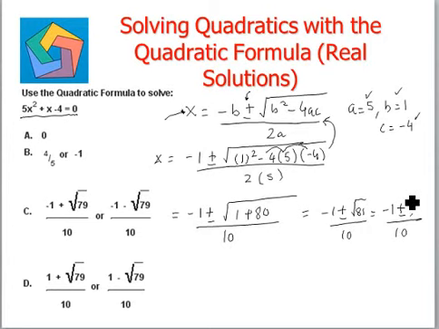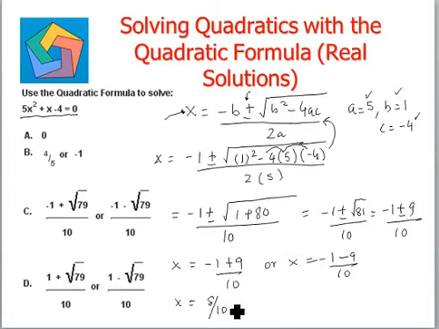Now we'll split it in two parts. The first value of x is negative 1 plus 9 by 10, or x has another value of negative 1 minus 9 by 10. So we'll simplify. Negative 1 plus 9 is 8 divided by 10. This is one value.